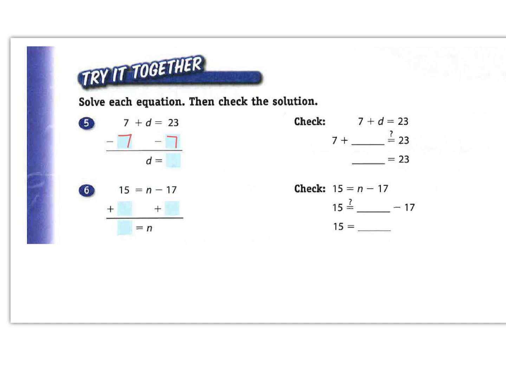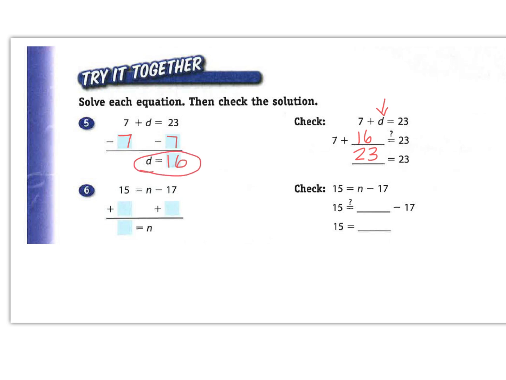So then we have d by itself. 23 minus 7 equals 16. So then now I'm going to go check it for d. I'm going to put 16 in. 7 plus 16, does it equal 23? Yes, it does. So then 23 equals 23. We know that this is correct.